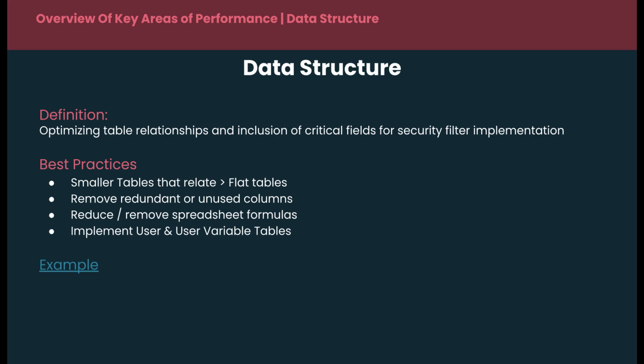Third item on my list is reducing and removing spreadsheet formulas. I think a lot of us already know this. We have run into errors in the AppSheet interface because we may have had spreadsheet formulas or so on. But one thing that is notable to communicate here, if you're using a cloud-based spreadsheet and you've got formulas that are running, sometimes AppSheet can't query the table data until your spreadsheet formulas finish calculating.